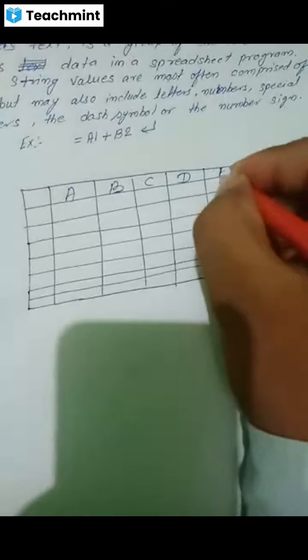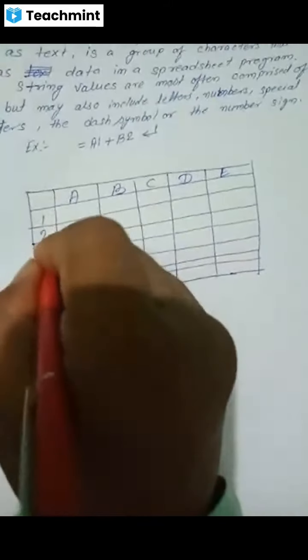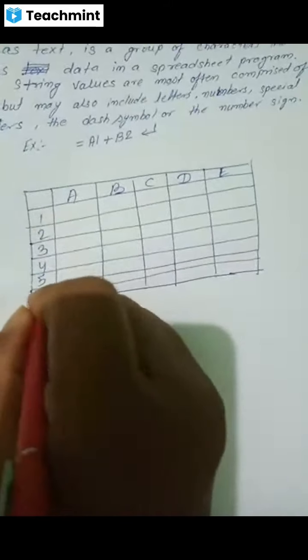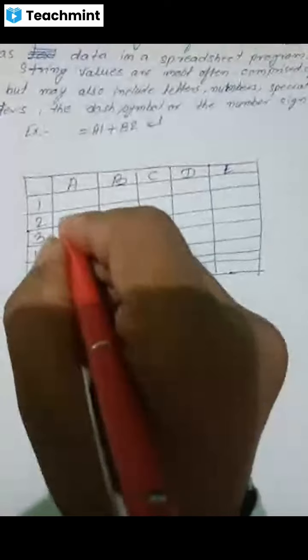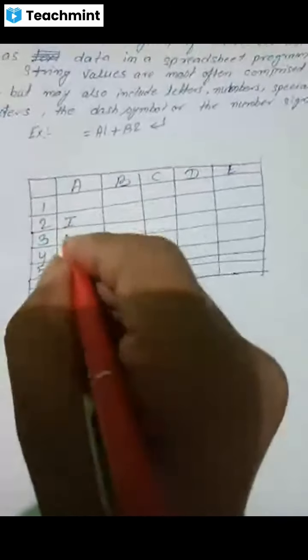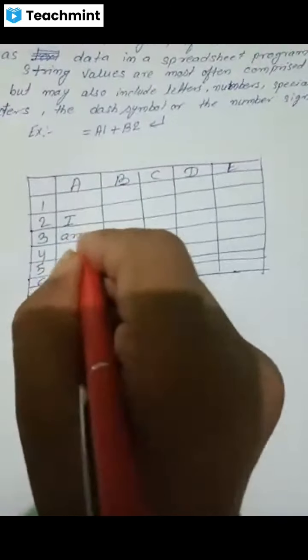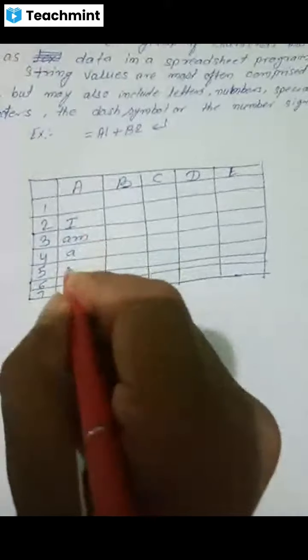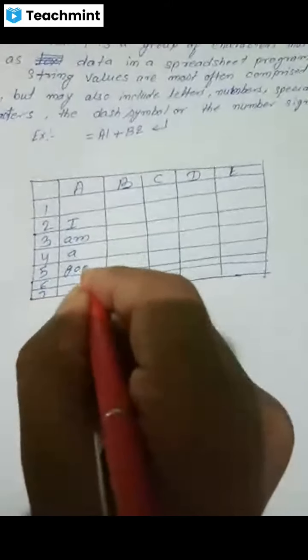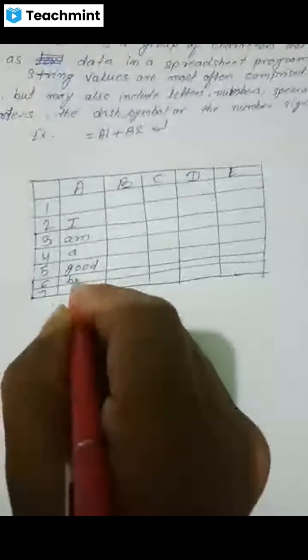Here given A, B, C, D, E and 1, 2, 3, 4, 7. Here written, dear students: I, am, a, good, boy. Did all of you see?